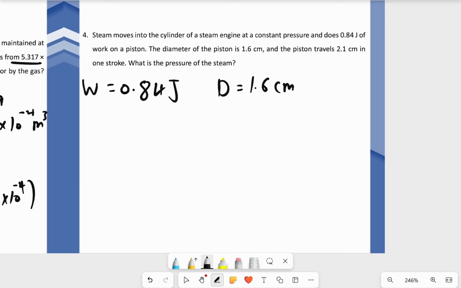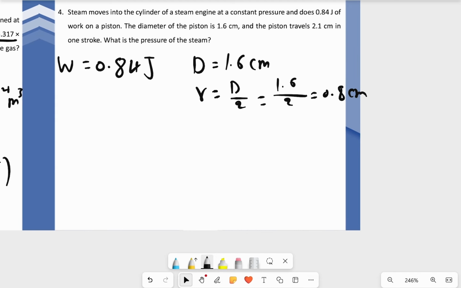Make sure to change this to the radius, which is going to be diameter divided by 2. 1.6 divided by 2 is 0.8 centimeters. And then change this to meter. This is going to be 0.8 times 10 to the power of minus 2 meter.